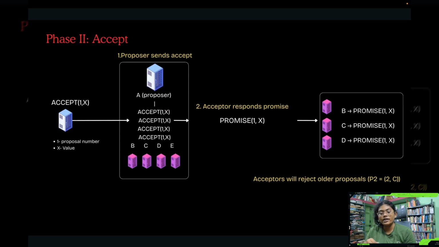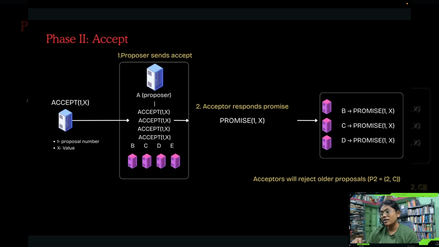In the accept phase, the proposer will send the value. Hey, for the first proposal number, this is the value that you need. This is the value or transaction or query that you need to perform. And then this proposed value will be sent to the acceptors, and the acceptors will respond with a promise like, hey, we are accepting your proposed value and we are good to go.